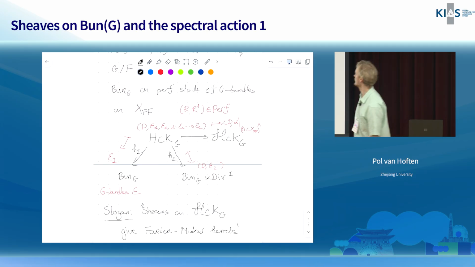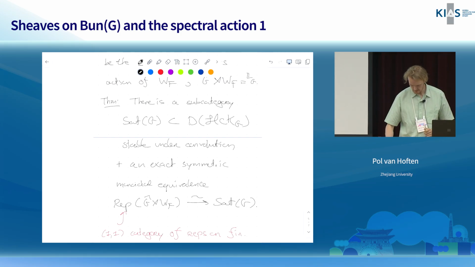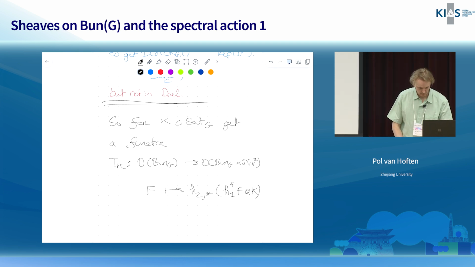Here. So I take my K up here and I pull back, and then I get a Fourier-Mukai transform sheaf here, pull back, tensor, push forward.